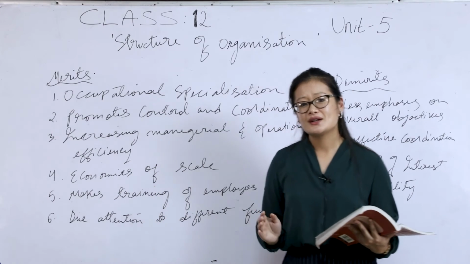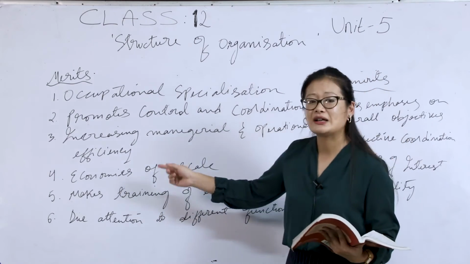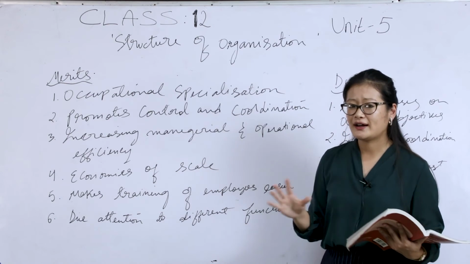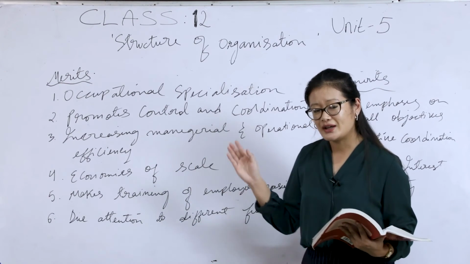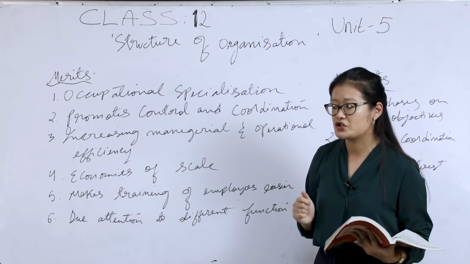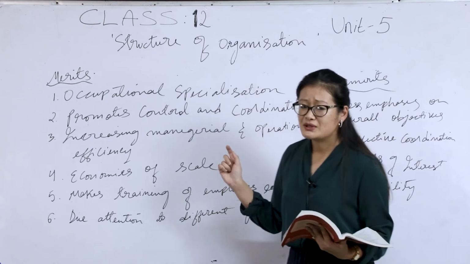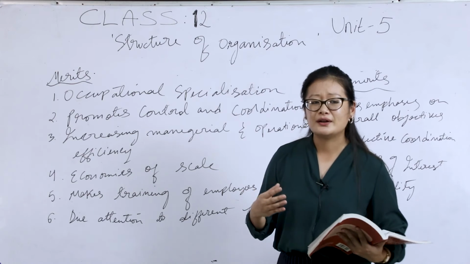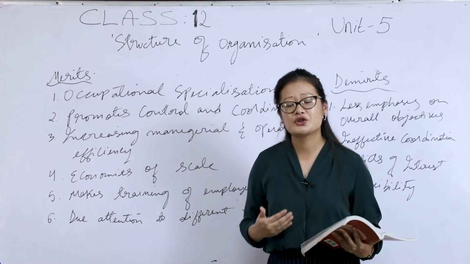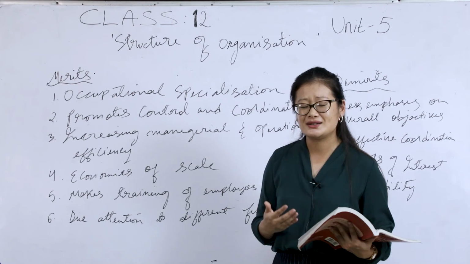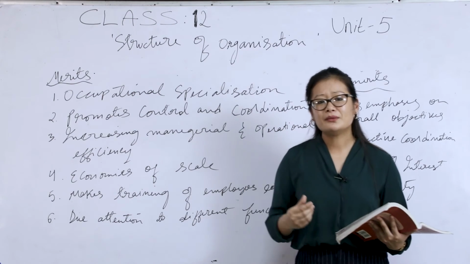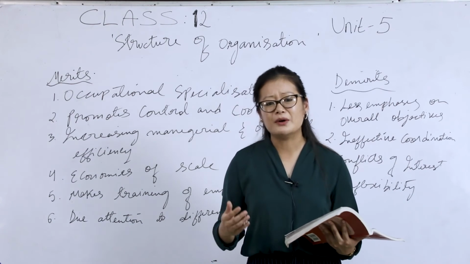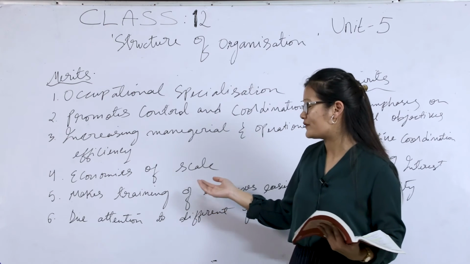So students, whenever there is economies of scale under any kind of organization, it is definitely going to be beneficial for them. Economies of scale is simply buying large quantities at a minimum rate.